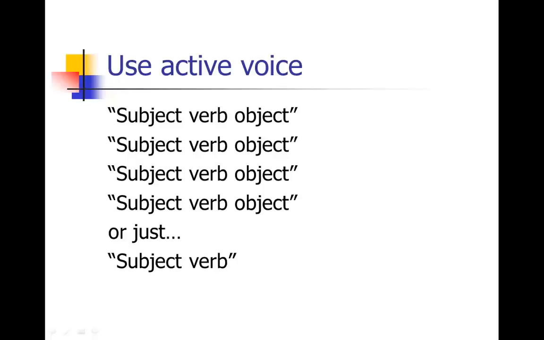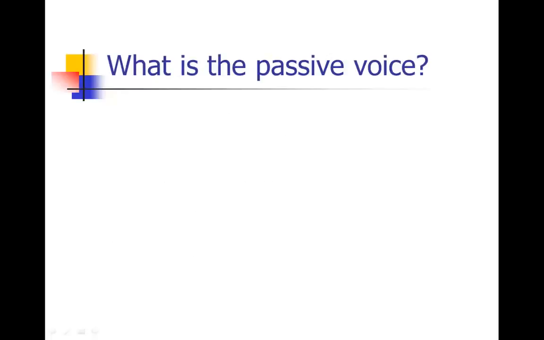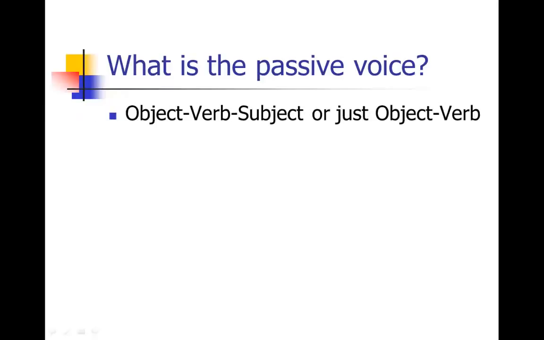All right, so contrast that to the passive voice. What does the passive voice look like? The passive voice inverts that structure. It goes object, verb, subject, or sometimes just object, verb, and the subject is completely removed out of the sentence. And you can see it's a very awkward way to talk.